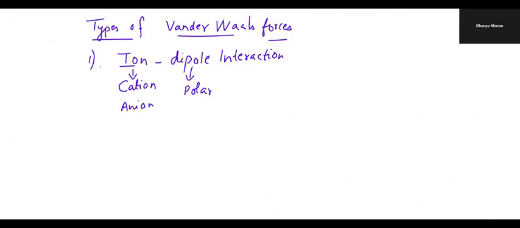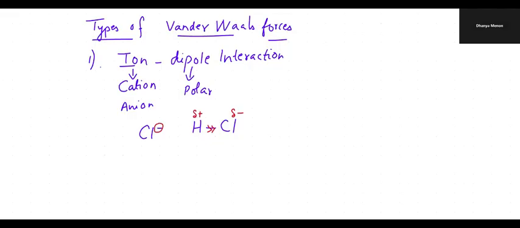For example, if I take Cl minus, this is an anion, right? Now, I take a polar molecule like HCl. Now, HCl is polar. That means chlorine will develop a slight negative charge and hydrogen will develop a slight positive charge. Now, there's a negative charge for this chloride ion.